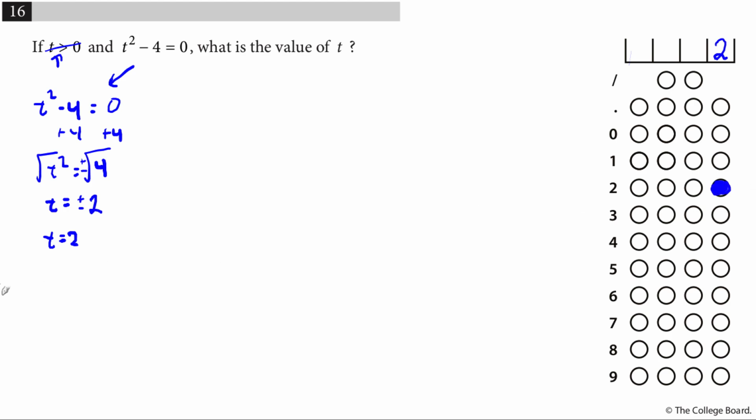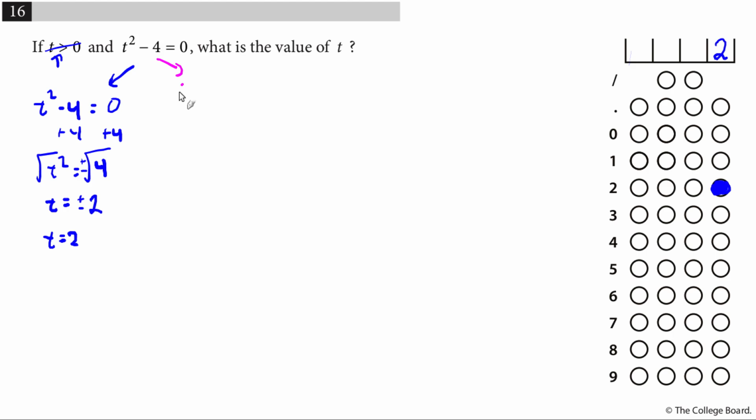Now, another possibility, if you don't like that method, and this is sometimes a good method to go for, is I could factor this. t squared minus 4 is a difference of squares. t squared is t squared, 4 is 2 squared.